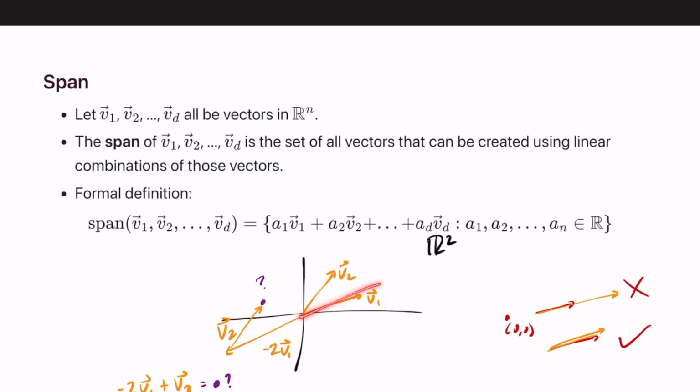Even if it's just ever so slightly off, we can still scale and manipulate them to get to that point. To finish it off, in this case we have v1 and v2, so formally we could say v1 and v2 span all of R2.